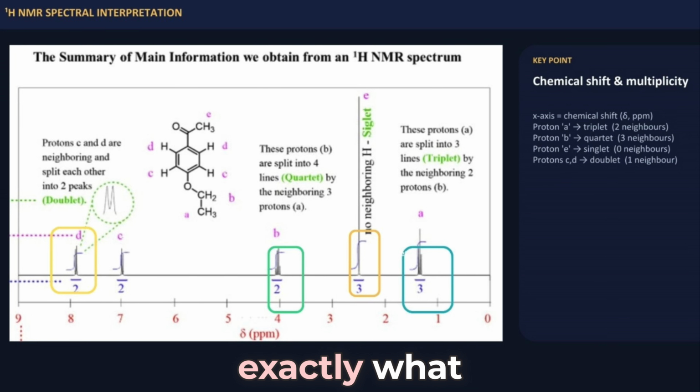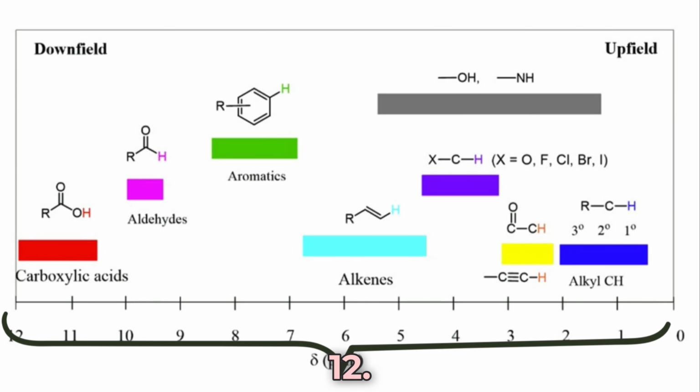And that's exactly what helps us identify functional groups. In the figure, you can see different types of functional groups mentioned. As I already told you, the scale is between 0 to 12.